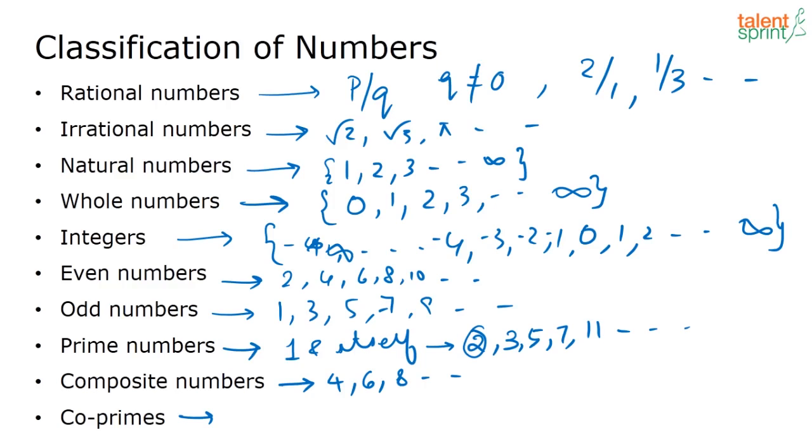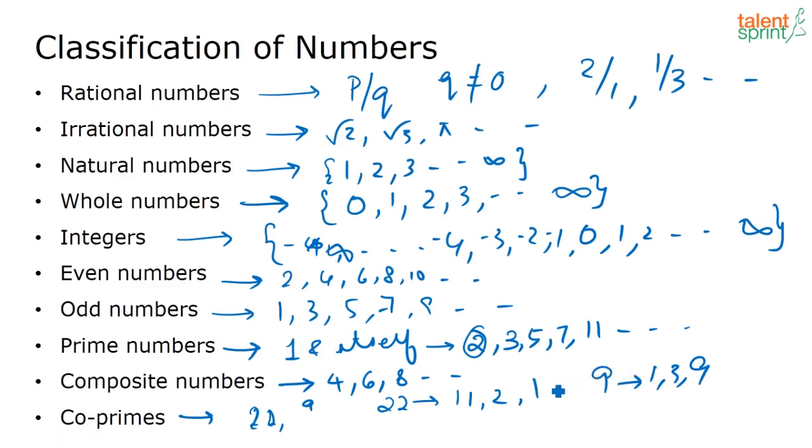For example, if you take 22 and 9, what are the factors of 22? You have 11 and 2 and 1. If you take 9, the factors are going to be 1, 3 and 9. If you compare these two numbers, is 22 a prime number on its own? No, 22 is not a prime number, it's a composite number.